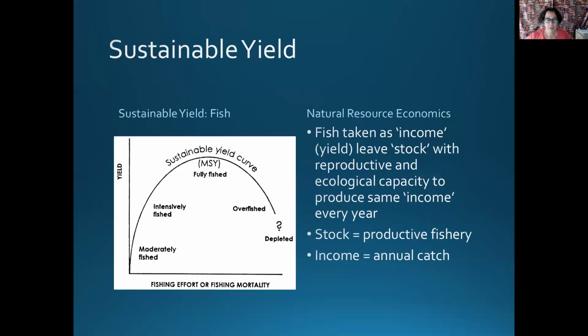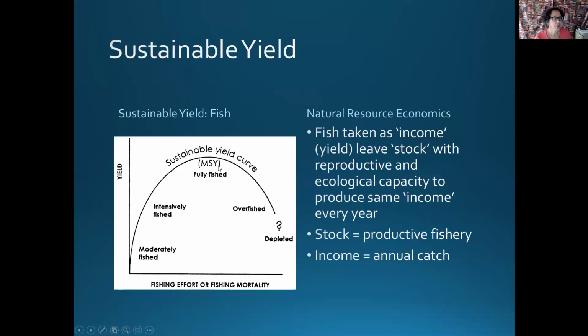If you don't spend very much time fishing on quite a plentiful stock, you'll actually get quite a bit of fish. So I'm going to just use my cursor. Moderately fished, you still get a pretty good amount of fish to take home. Intensively fished, you certainly get more.